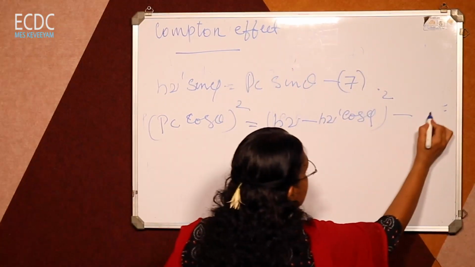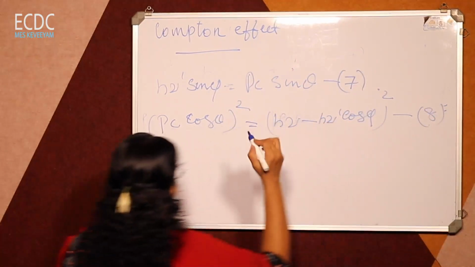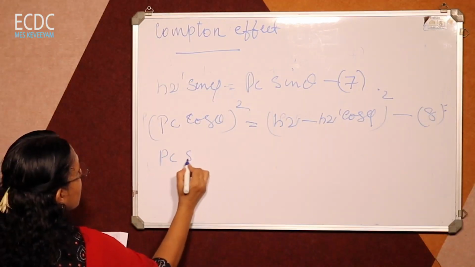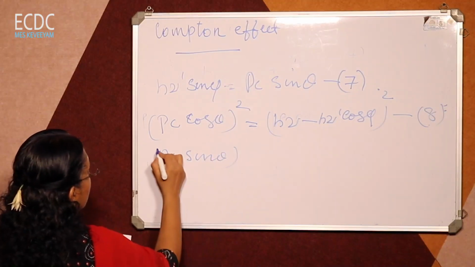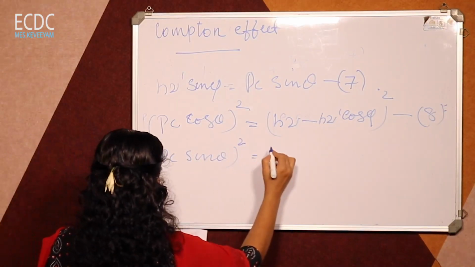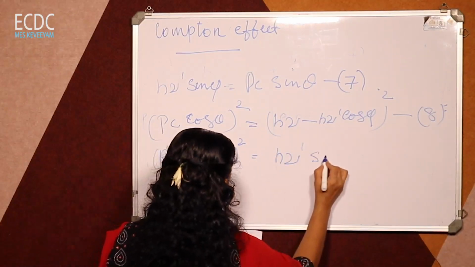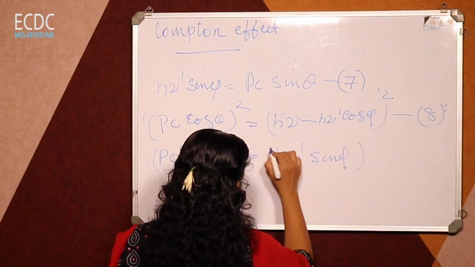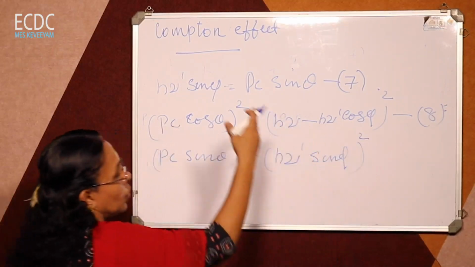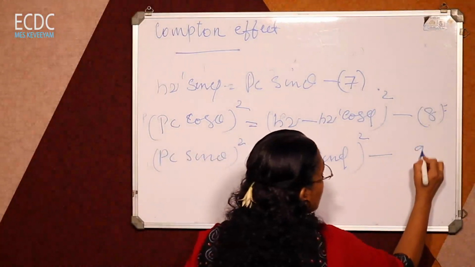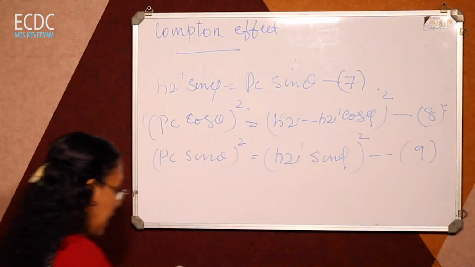We can put this as equation 8, and this one, pc sin theta squared equal to h nu prime sin phi squared. That is squaring both the parallel component and the perpendicular component. So we can put this as equation 9.